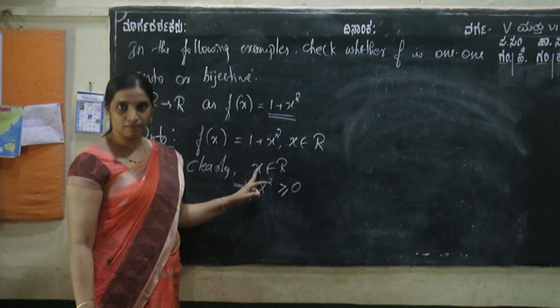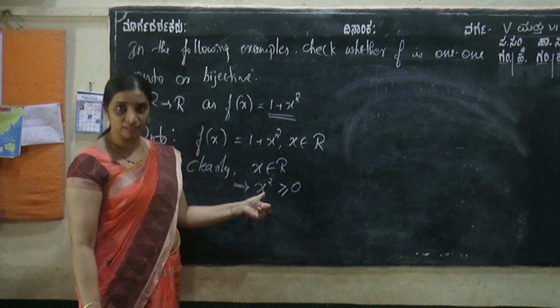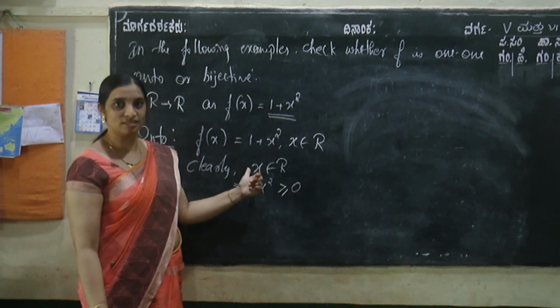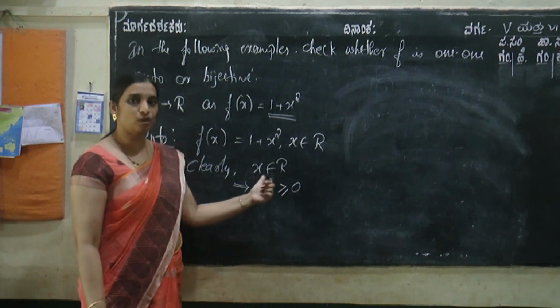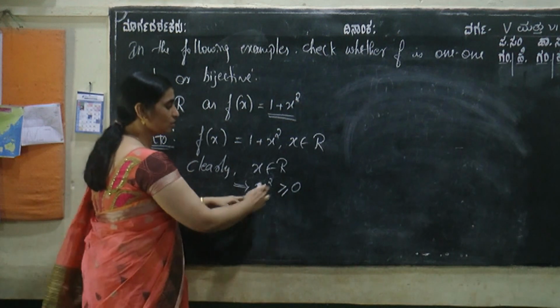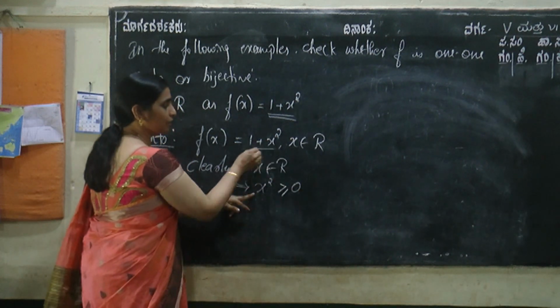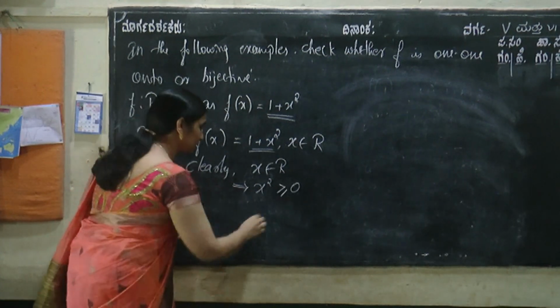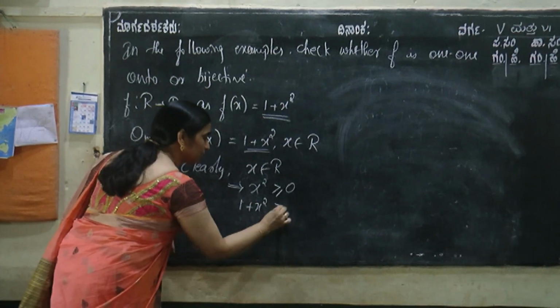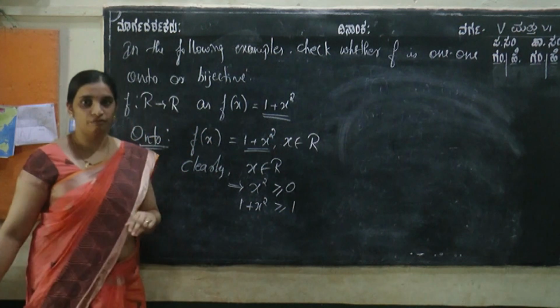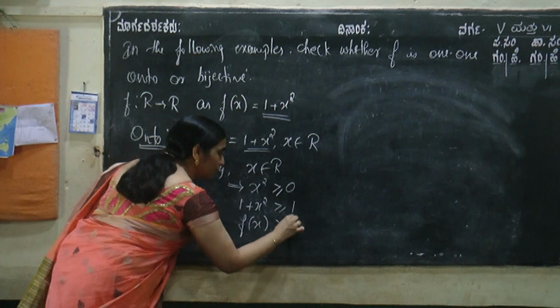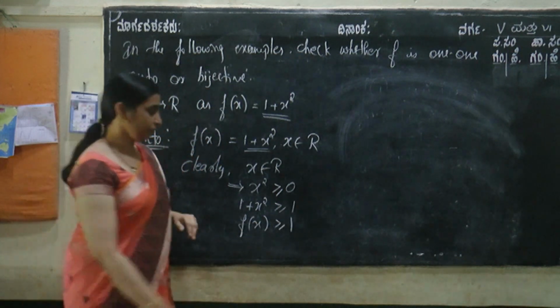X is a real number, but when we consider the square of any real number, it will be non-negative. Either it is equal to 0 if the number is 0, or its square is always positive. So x square is greater than or equal to 0, but in the function we are having 1 plus x square. So we will add 1 on both sides. So 1 plus x square is greater than or equal to 1. This 1 plus x square is nothing but f of x, which is always greater than or equal to 1.